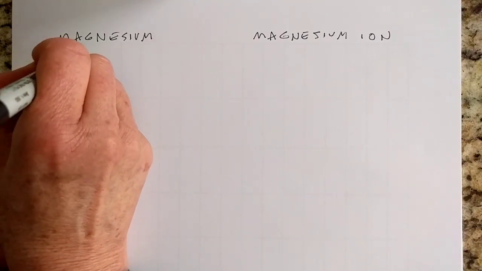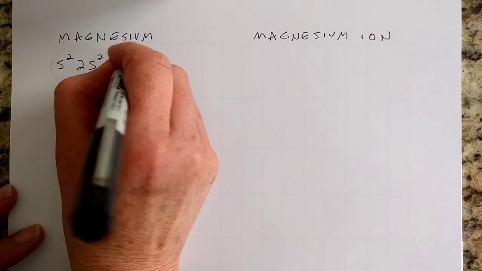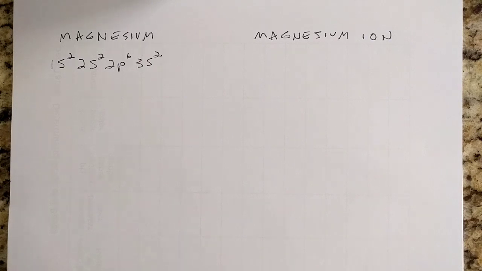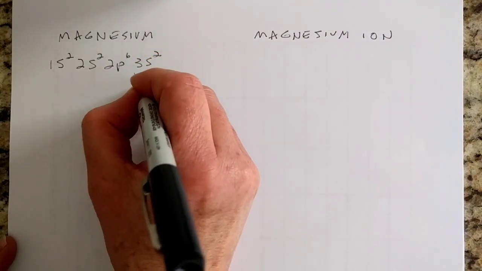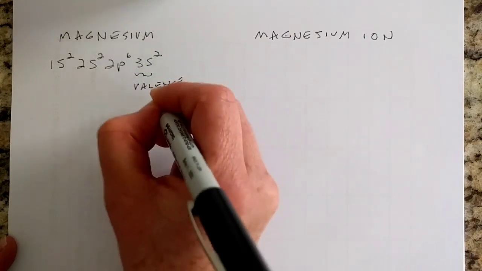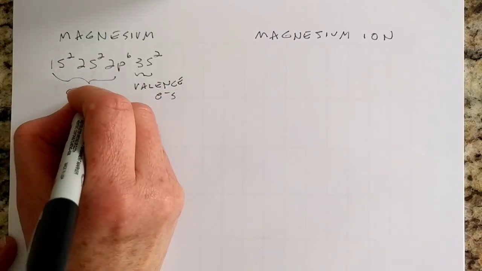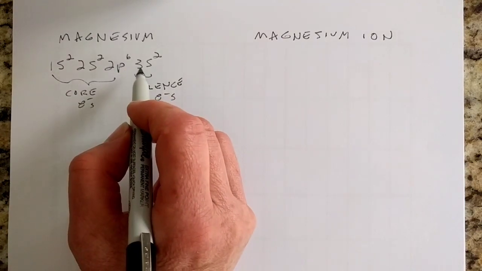Magnesium is 1s2, 2s2, 2p6, 3s2. Remember that the electrons in the outermost main energy level are the valence electrons. So these 3s2 are the valence electrons, and the rest of the electrons are the core electrons.